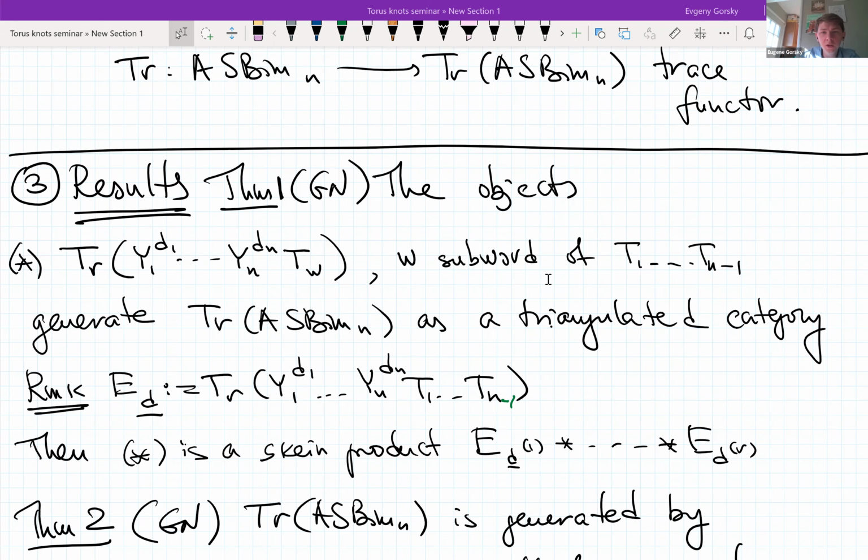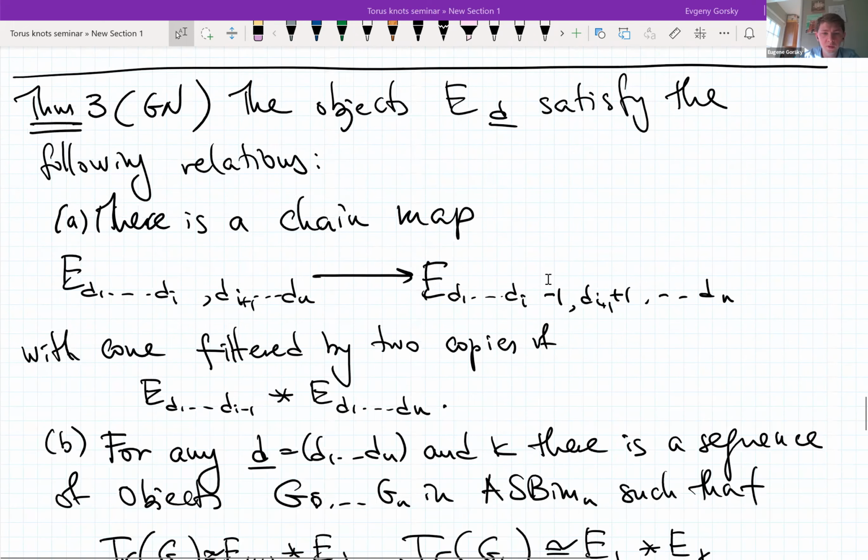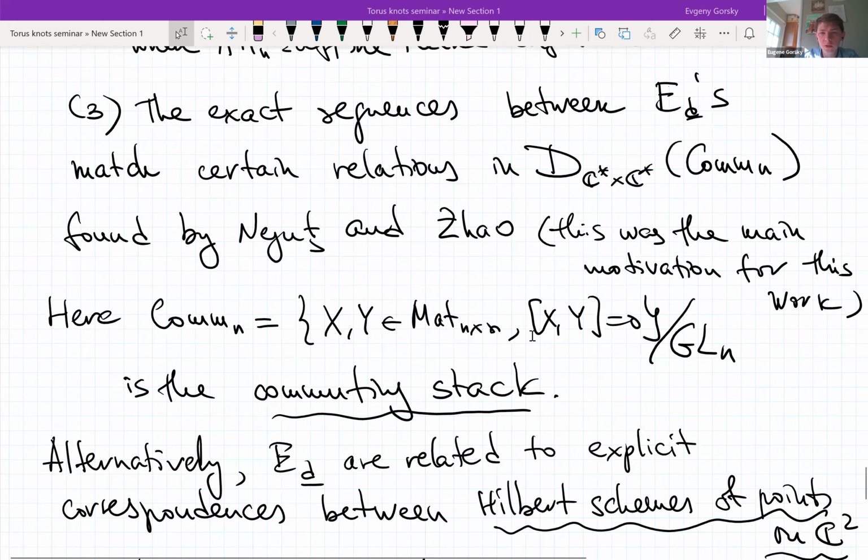Somehow the categorification that many people, including Schiffmann and Vasserot and their collaborators, considered is this commuting stack. You just formally define coherent sheaves on the commuting stack, or maybe some subcategory of this, and you can define some kind of categorical convolution product on this.